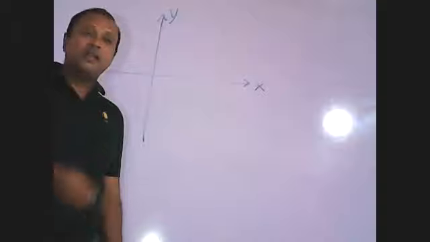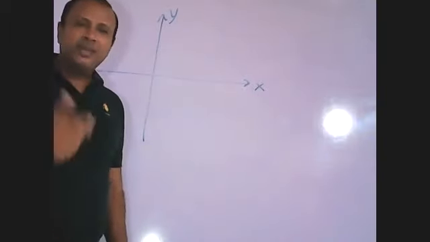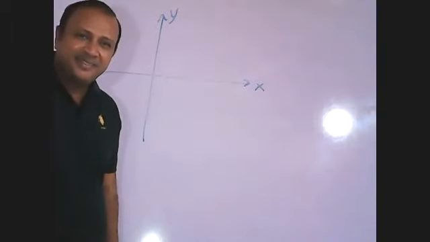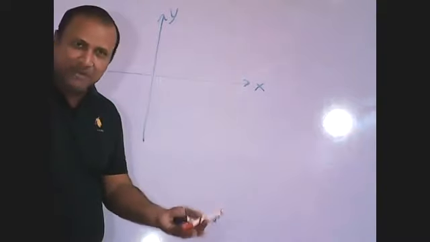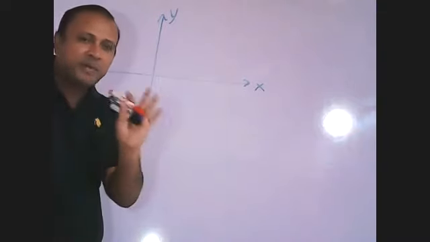If you know the location and if you know the shape, then nothing to worry. You can draw the graph, no? Can you understand that part? Can you understand my argument?